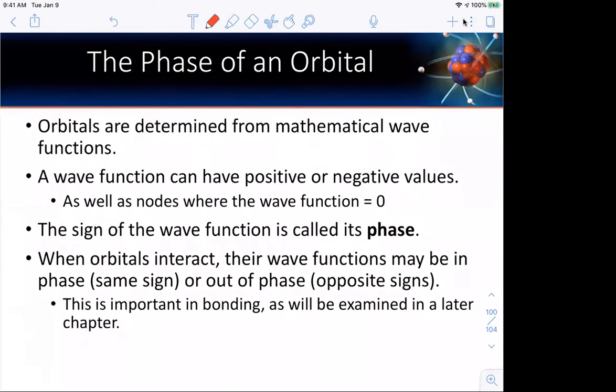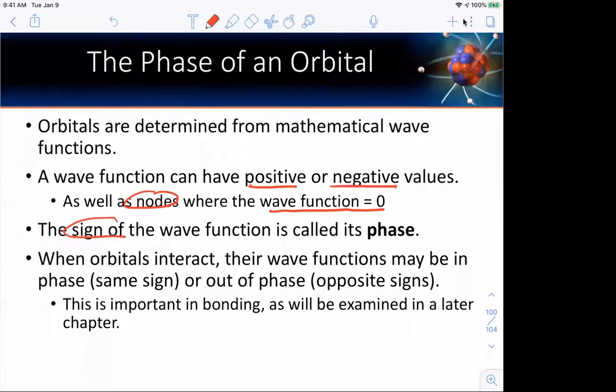One more thing is phases. Remember, these orbitals are determined from mathematical wave functions. These functions can have positive or negative values, as well as nodes where the wave function is equal to 0. That's when I have 0 probability of finding an electron.